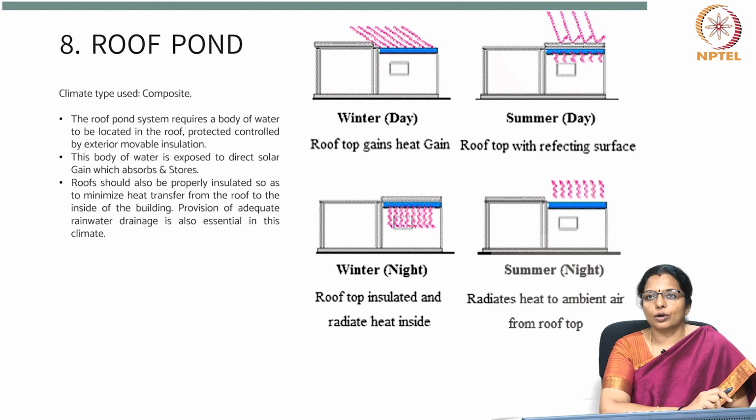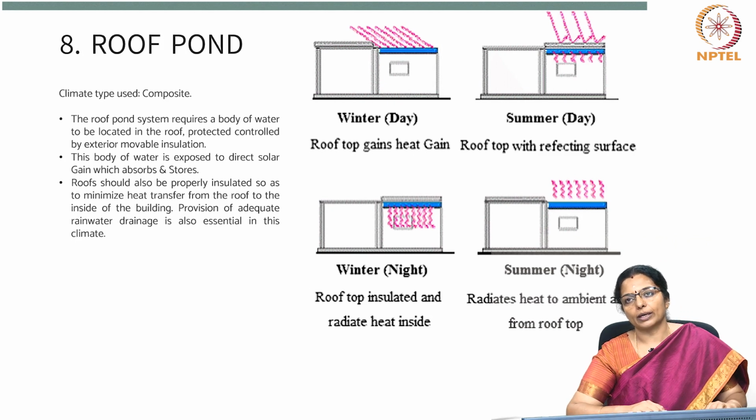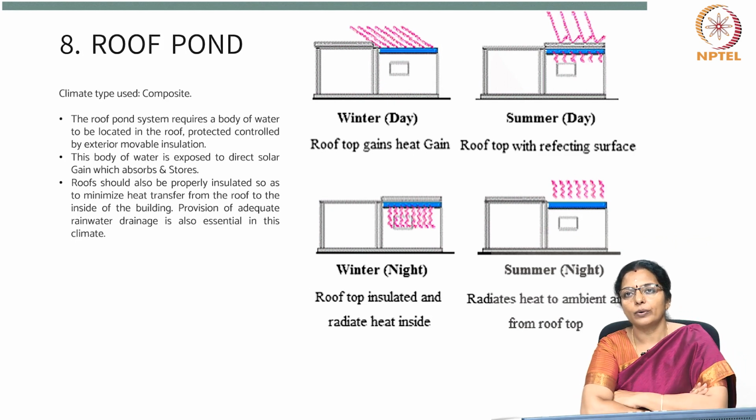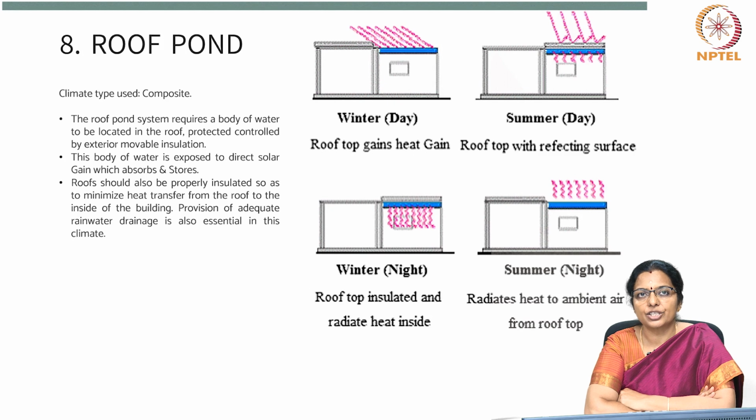The body of water is exposed to direct solar gain, which absorbs and stores the heat and releases the heat when necessary. Roofs should also be properly insulated so as to minimize heat transfer from the roof to the inside of the building, and the roof should be protected for damp proofing and waterproofing. Provision of adequate rainwater drainage is also essential for this strategy.